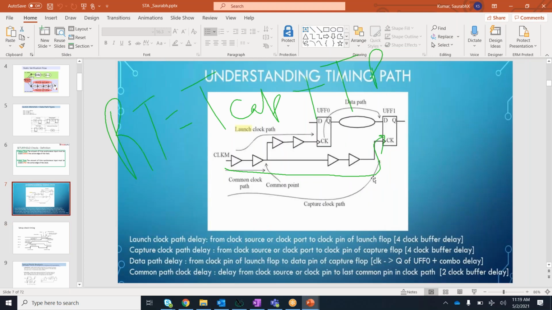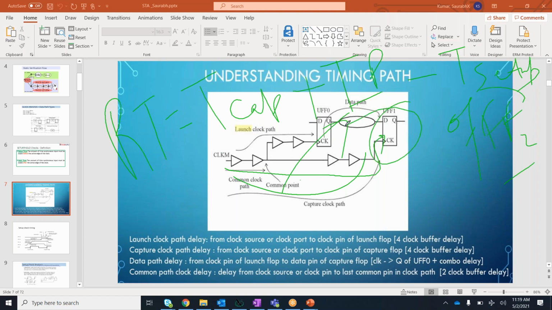So T capture is nothing but the clock delay, plus time period, minus the setup time of the capture flop.